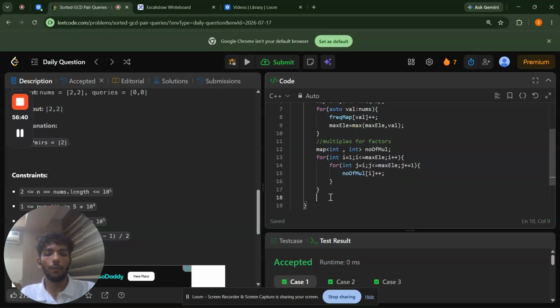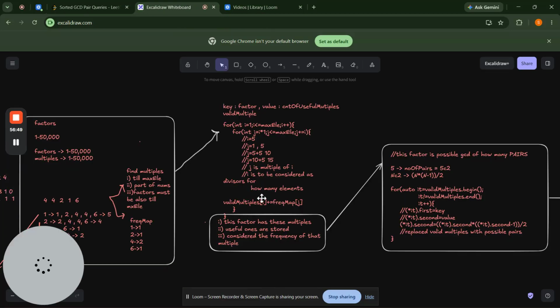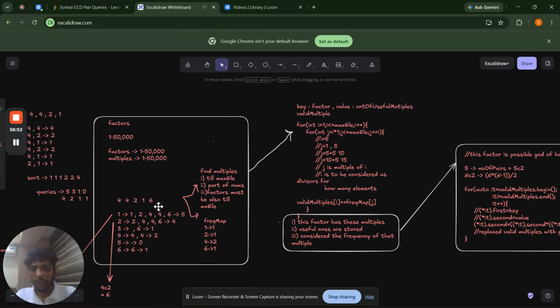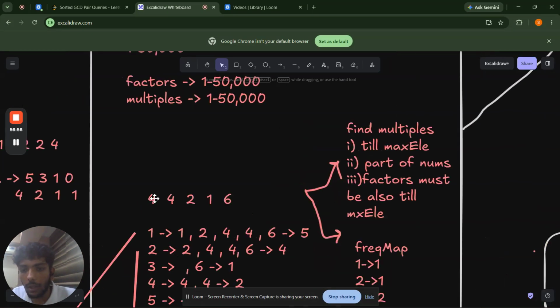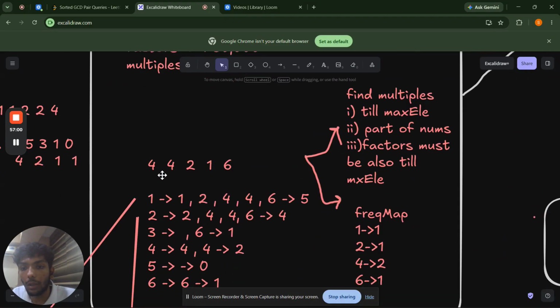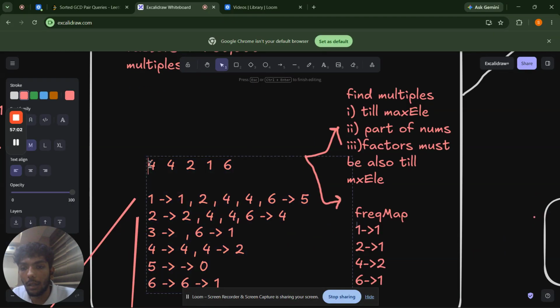Now that we have found the number of multiples, no, so my bad. Here, what we did was we found out that 4 is a multiple of 1, but we also made sure that both the 4s are included.